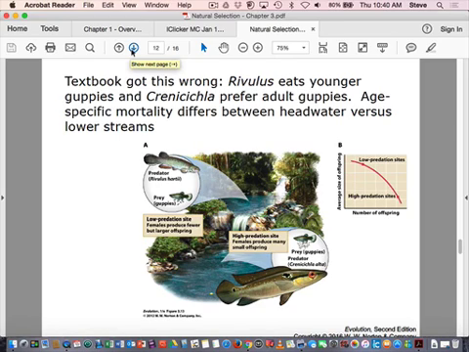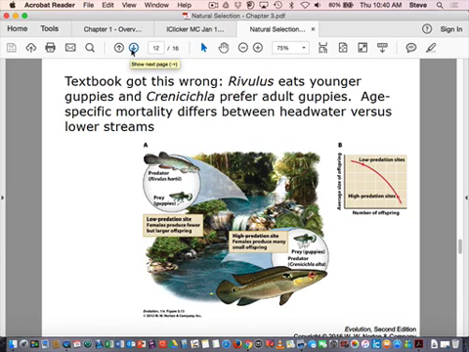Again, this is what we call a trade-off, right? So what's happening in the high predation sites down here? The number of offspring is high. What's their size, relatively speaking? Small.